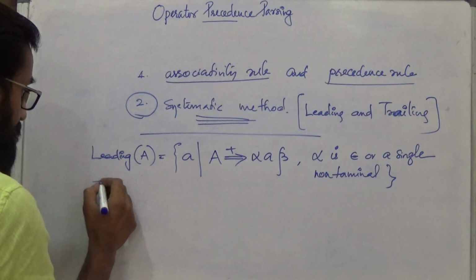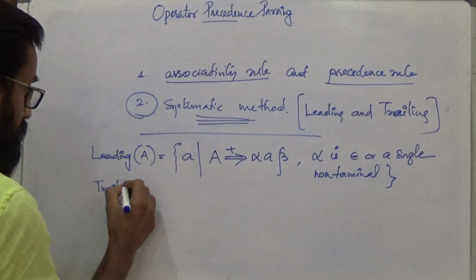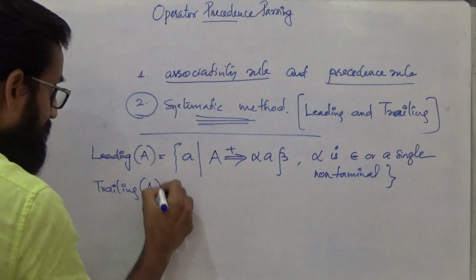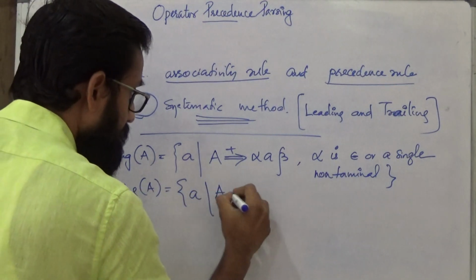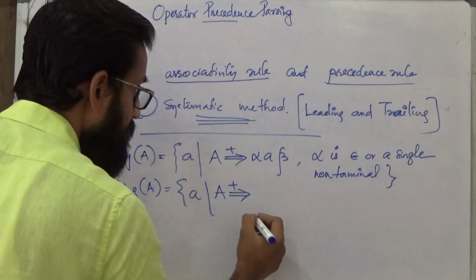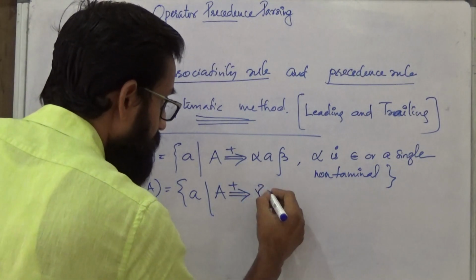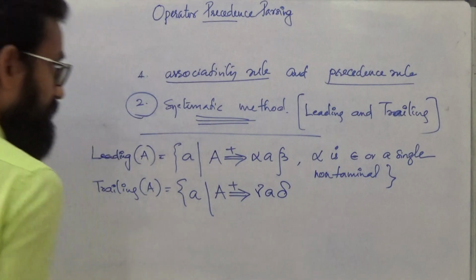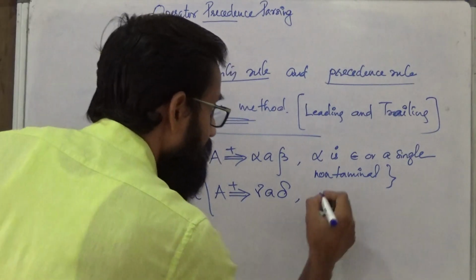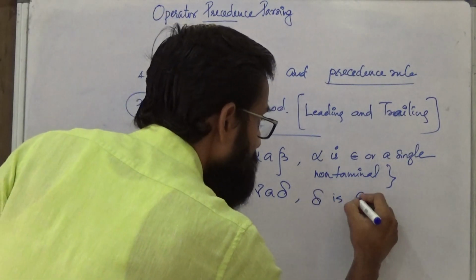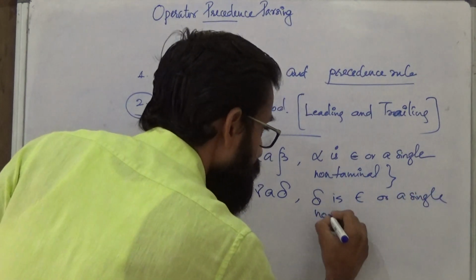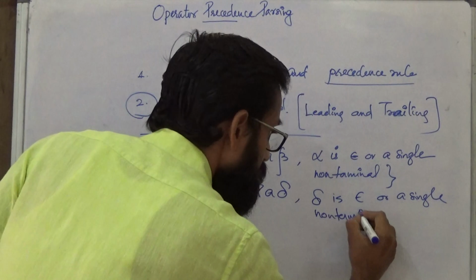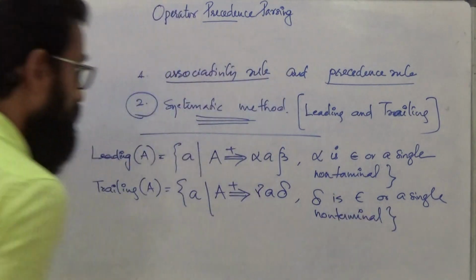Similarly, you can define trailing. Trailing of A is defined as the set of terminal symbols a such that A derives gamma a delta, where delta is epsilon or a single non-terminal.